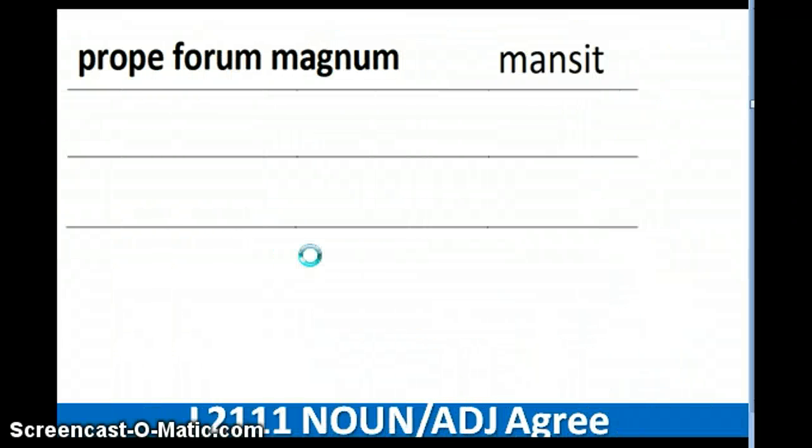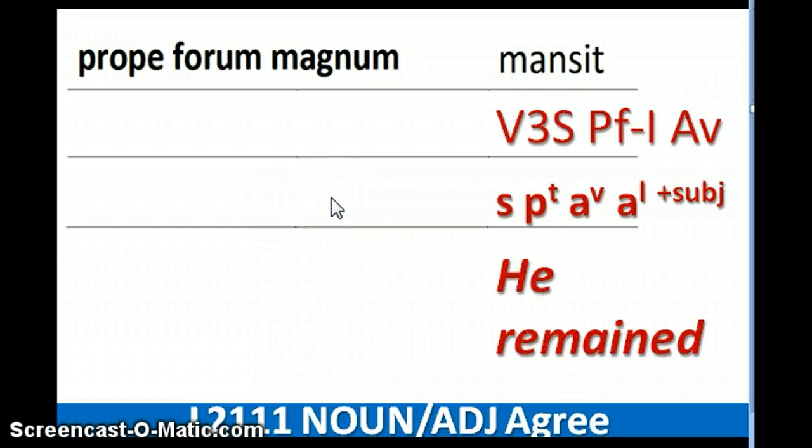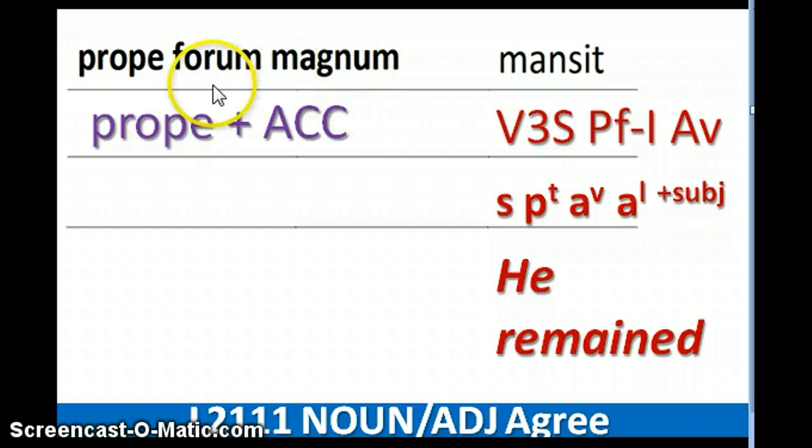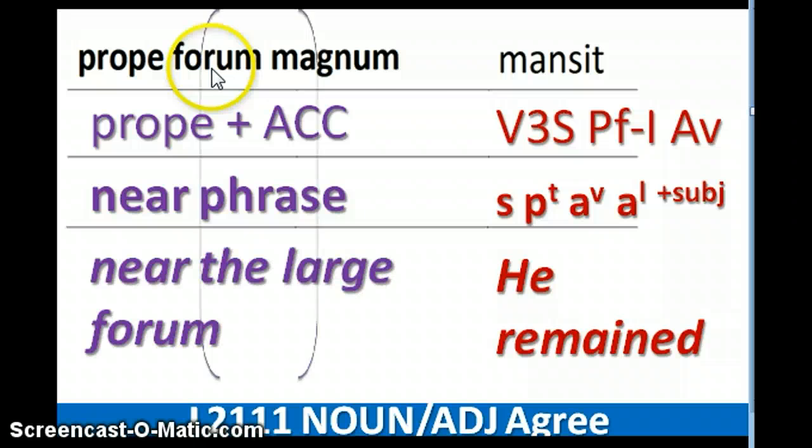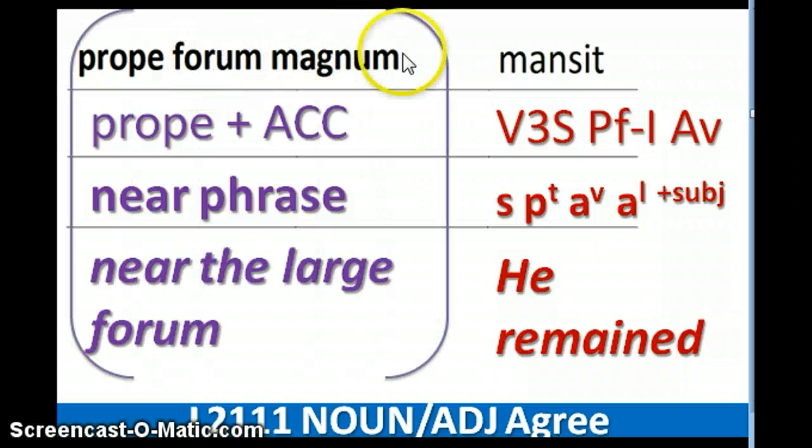So let me give an example. We have a verb in gender, number, case, both being accusative, neuter, singular.